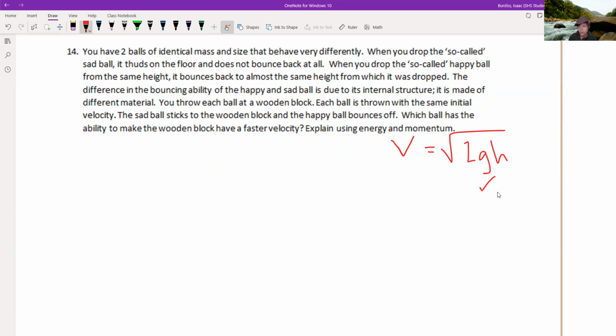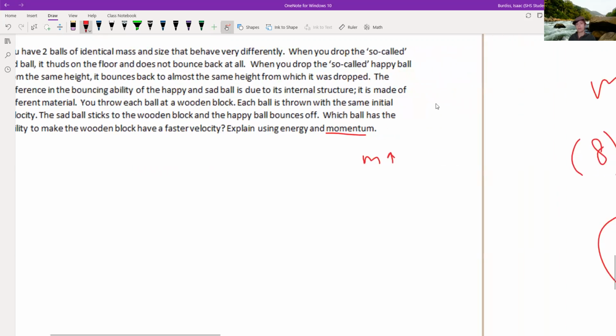Well, oh wait, never mind. I was thinking of something different. We're not looking at the height that it bounces, so we're thinking in terms of momentum. If you have a higher mass, there are inverse properties because it equals this. So if mass goes up, velocity goes down. If mass goes down, velocity goes up. So they do the opposite thing of what the other thing does.